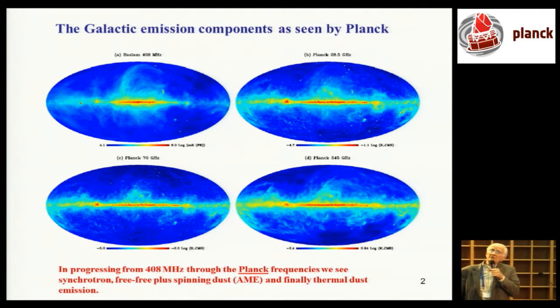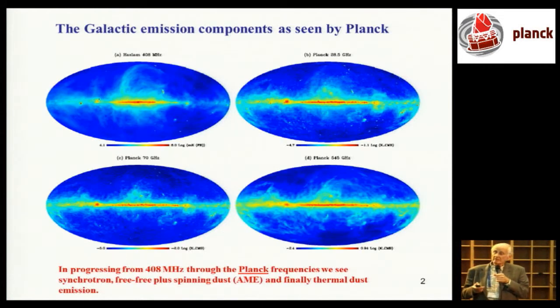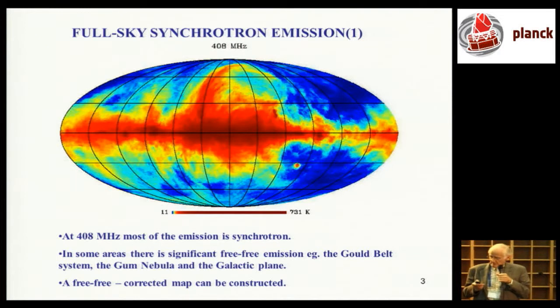The emission components that we see are illustrated in the Planck maps, but starting off over here in the true synchrotron at 408 megahertz, you've got this large, oops, this is my problem, sticky finger.